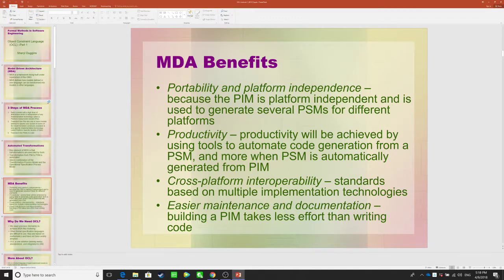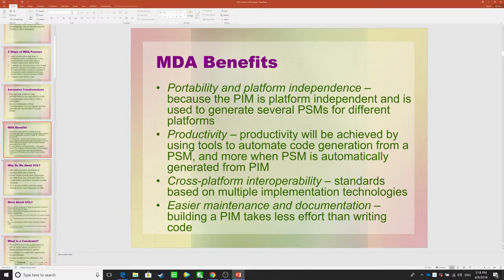And cross-platform, and of course easier maintenance and documentation with the PIM. So those are some of the benefits. But the main benefit, remember, is productivity, because we want things to happen automatically, after we specify.